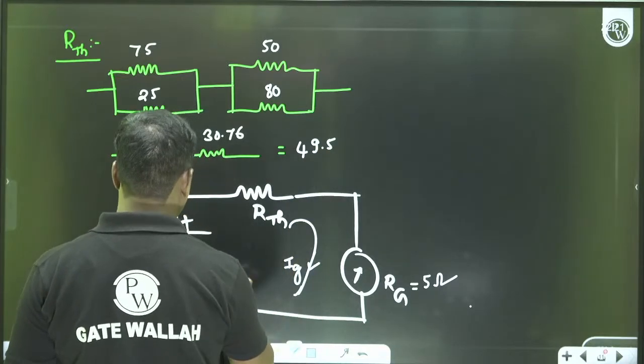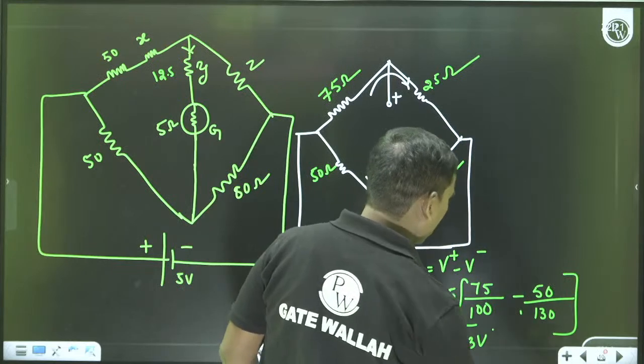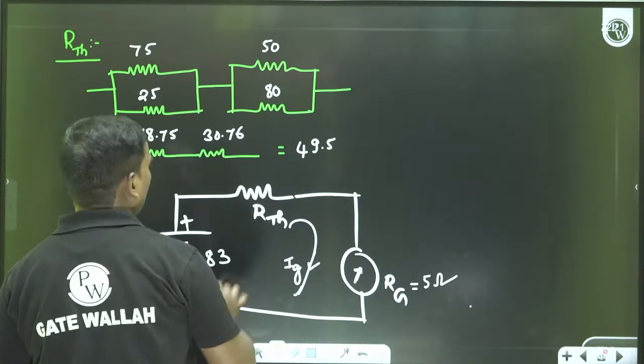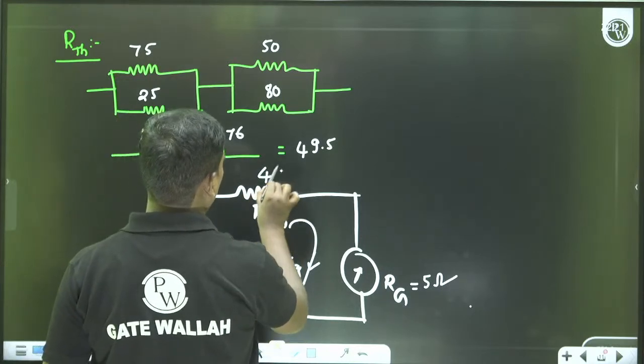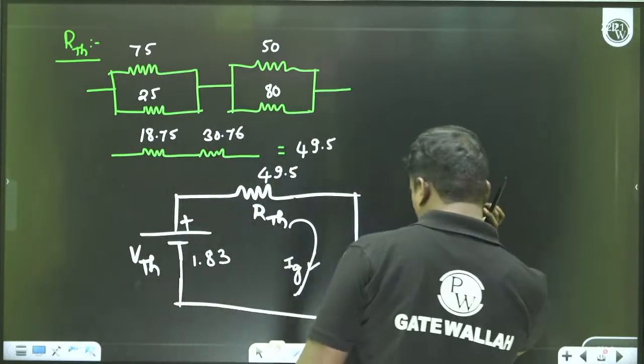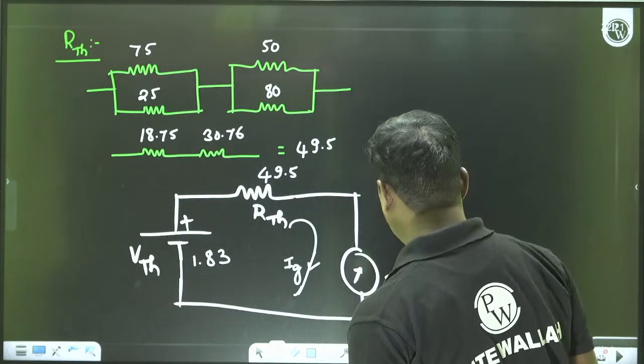So V Thevenin is coming as 1.83, R Thevenin is coming as 49.5. The galvanometer resistance is 5 ohms. So what about the current?